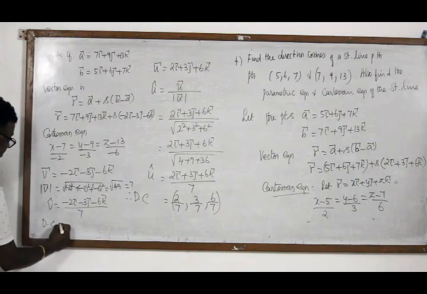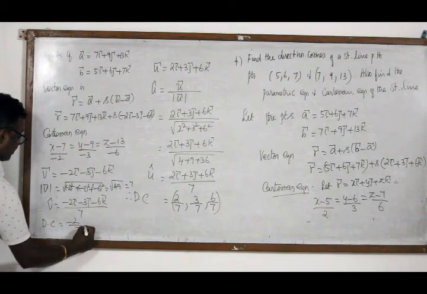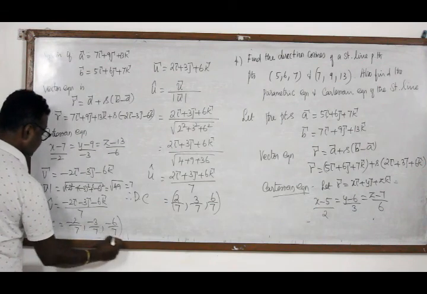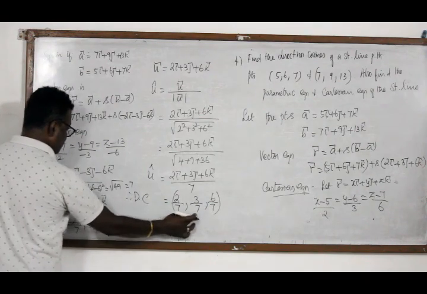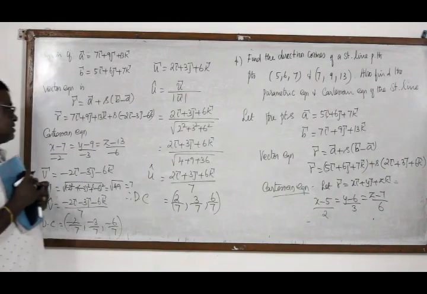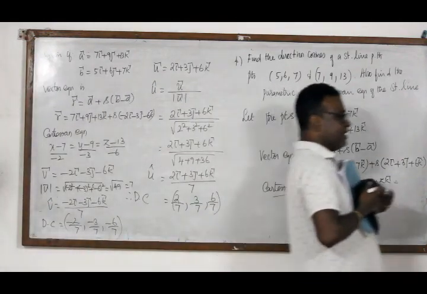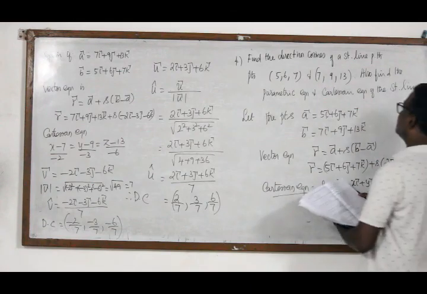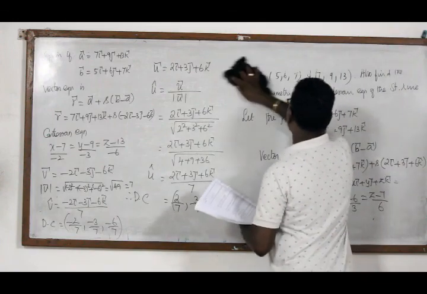Therefore, direction cosine will be minus 2 by 7, minus 3 by 7, minus 6 by 7. So this may be a direction cosine or this may be a direction cosine. That depends on the point which you take as A vector and B vector. So this is problem number 4.